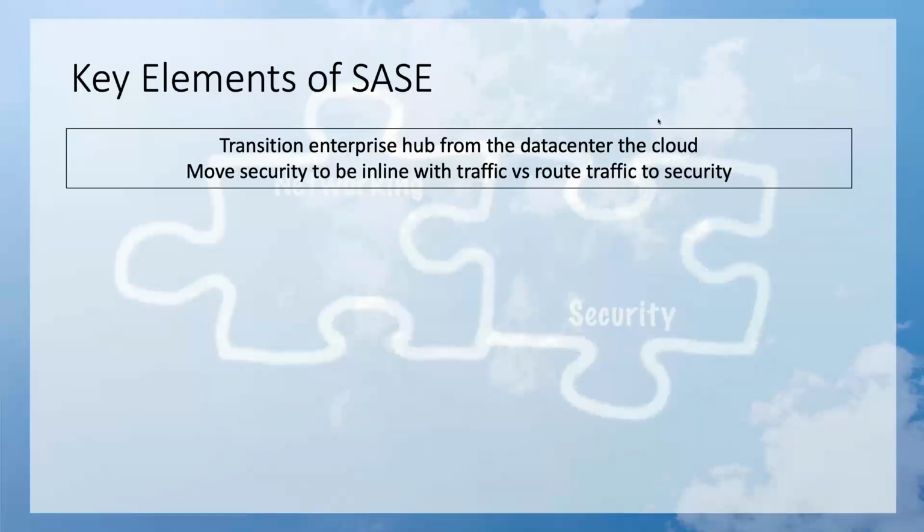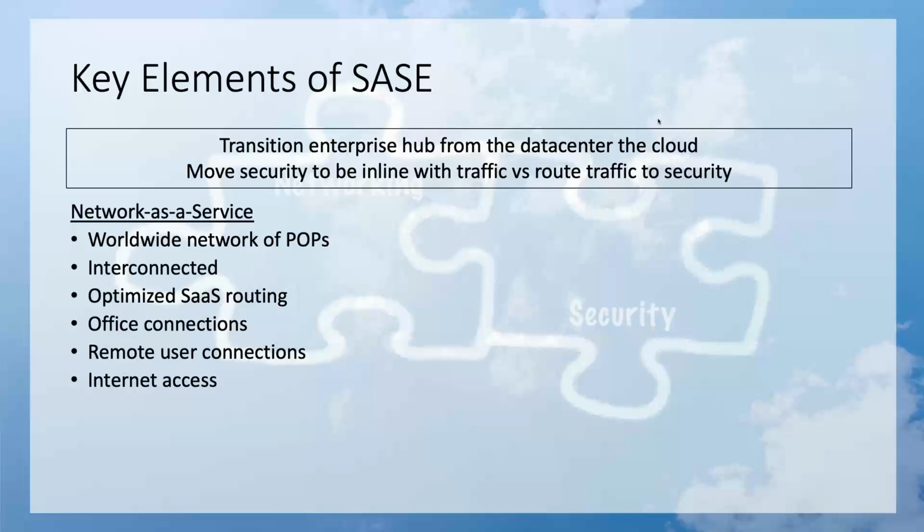So you take these 2 big concepts: the hub of my network moving to the cloud, and putting security in line with my traffic, bringing the security to my traffic. And then it brings these 2 concepts together. First is networking as a service.